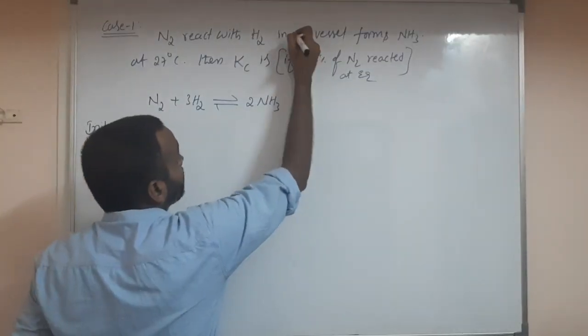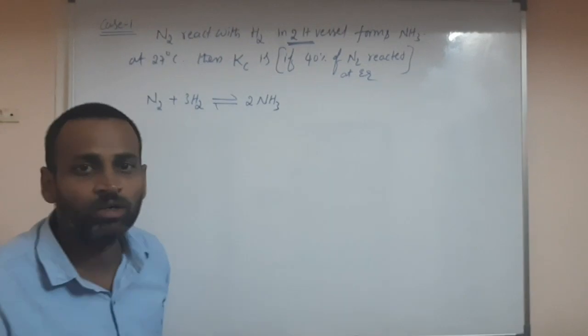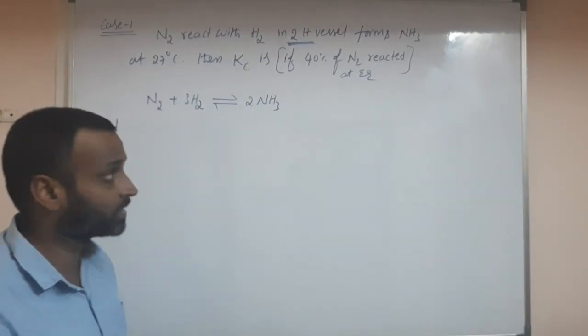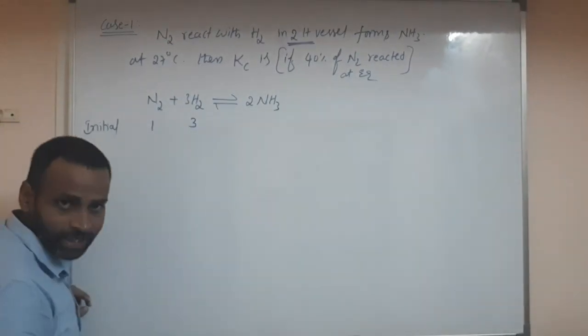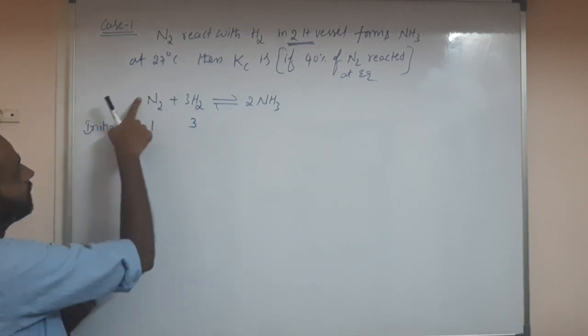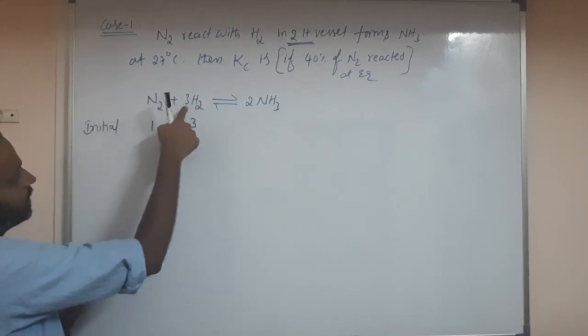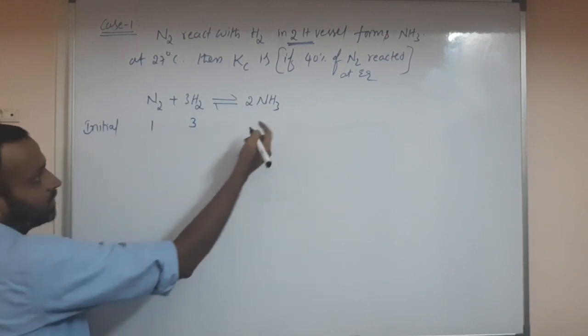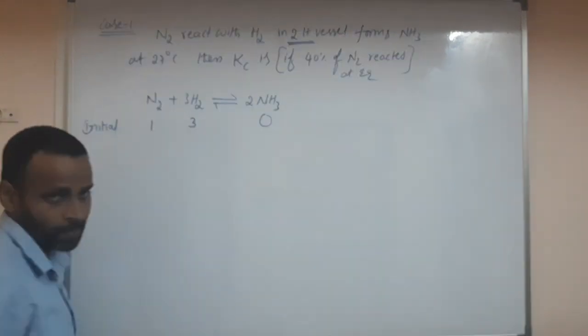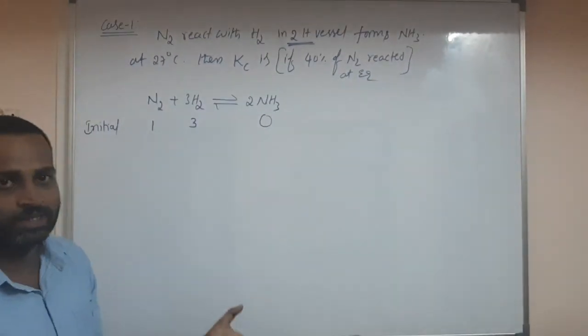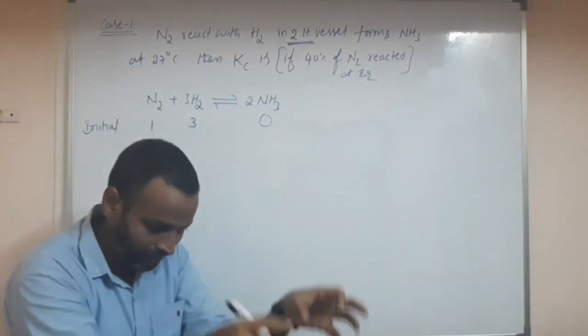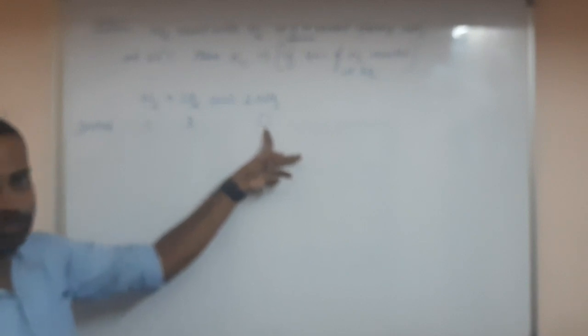No. Then initially, from the reaction only, you have to consider how many moles to take. Initially, 1 mole of N2 and 3 moles of H2, and there is no product, because we are adding only N2 and H2. Are you adding ammonia? No. So initially ammonia is 0.